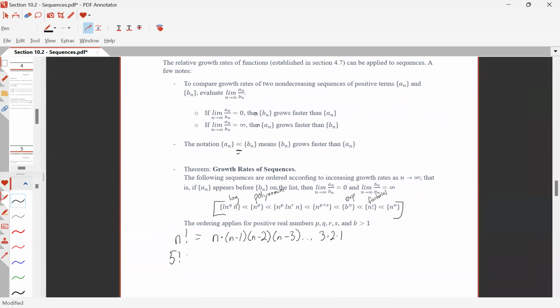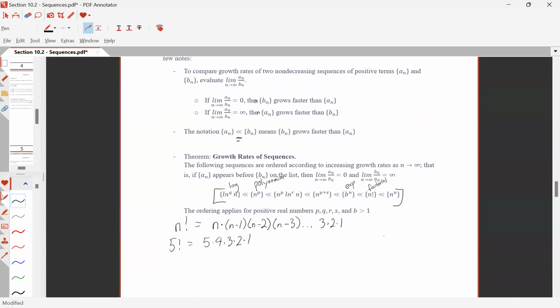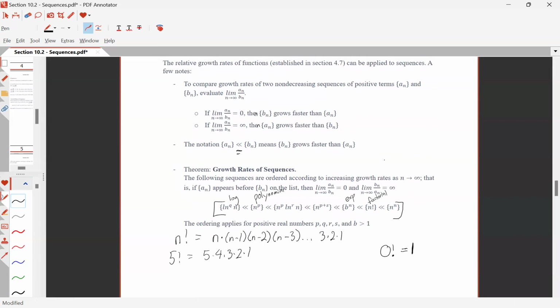So 5 factorial is equal to 5 times 4 times 3 times 2 times 1. And one note, we won't see it much yet, but for a definition to make things work nice, 0 factorial is 1. We will see all the examples for how to use all these different sequence limit rules in the next video as we continue with this section.